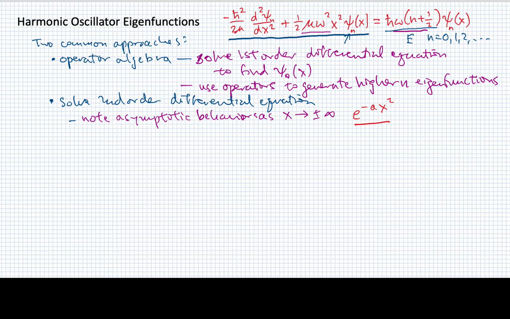All right, once one has that asymptotic behavior, one can then use that to simplify the differential equation, the Schrödinger equation, and use a power series to approximate the various solutions. So we're using a power series to express the solutions.